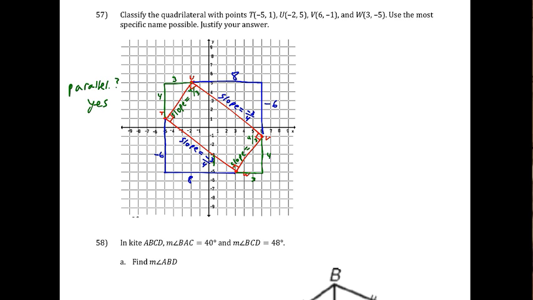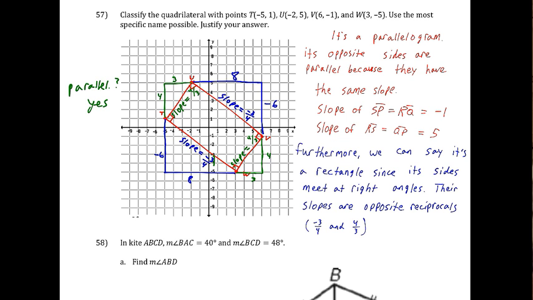So I'm going to go ahead and paste. I already copied all of this, and I want you to read this carefully. The opposite sides are parallel because they have the same slope, and I clearly did not copy that correctly. Alright. They have the same slope.